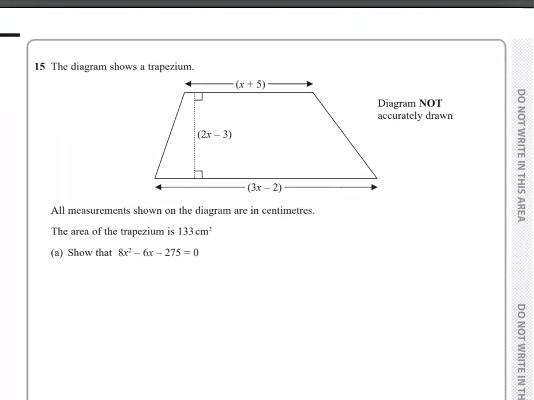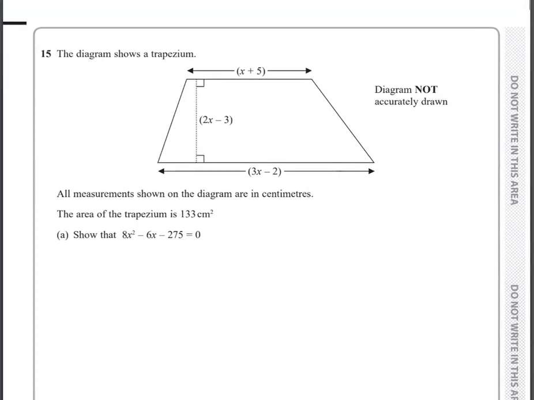Okay, the diagram shows a trapezium. All the measurements shown in the diagram are centimetres. Show that the area of the trapezium is 133. Well, we know that the area equals half (a plus b) times h, and that comes from the formula book on the front of the worksheet.